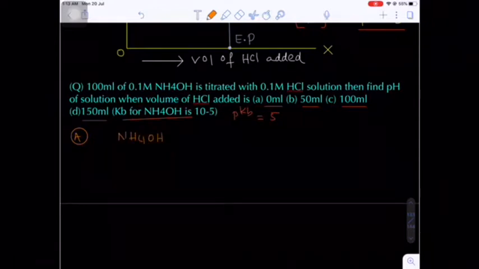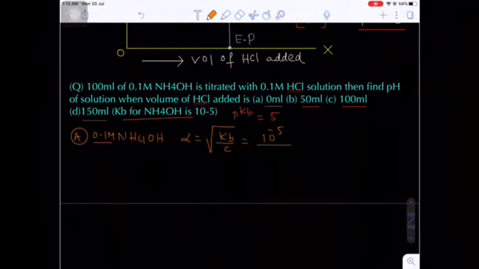Now here first of all, initially in the beaker only ammonium hydroxide is present. Yes or no? Because we are not adding the hydrochloric acid. What is the concentration of ammonium hydroxide given in the question? 0.1 molar. Do you know ammonium hydroxide is a weak base?